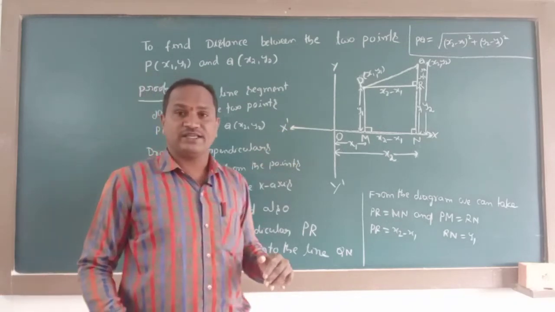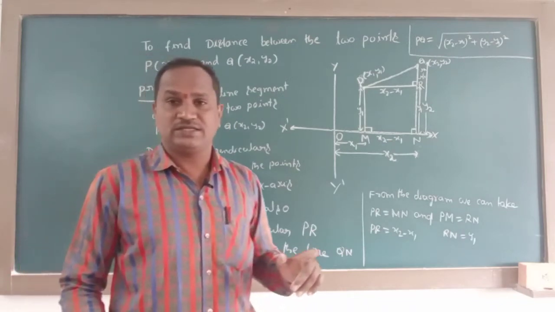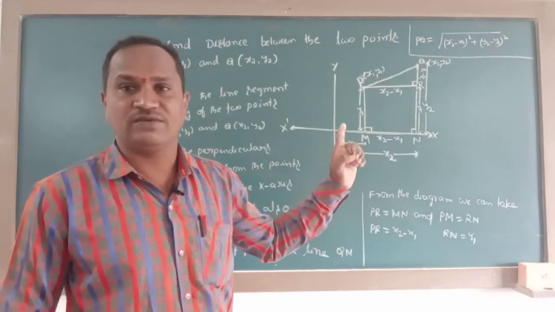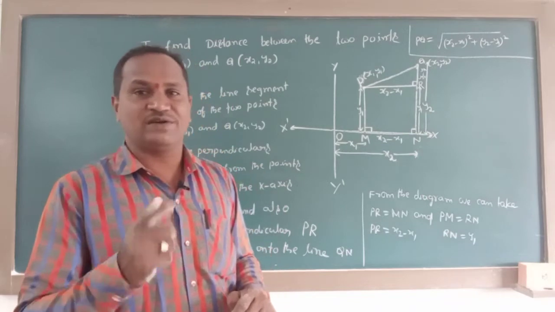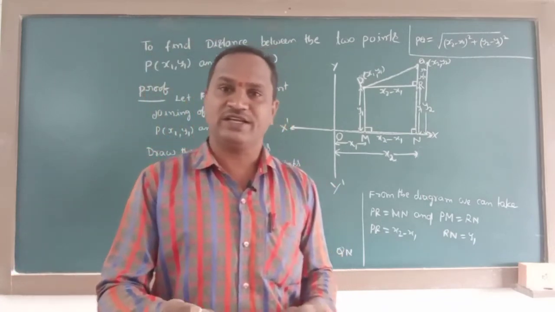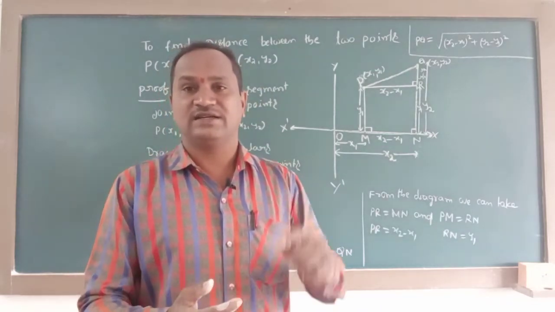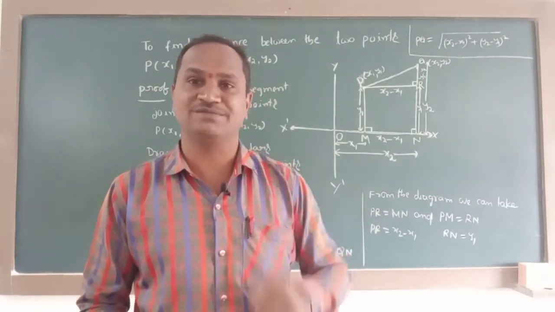Now let us take the calculation part. The calculation part is very simple. If you observe this diagram, you see one right angle triangle. In analytical geometry or trigonometry, wherever you see a right angle triangle, you directly remember the statement of Pythagoras theorem.